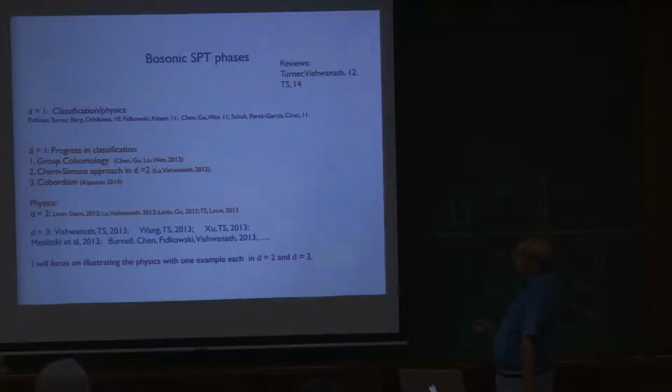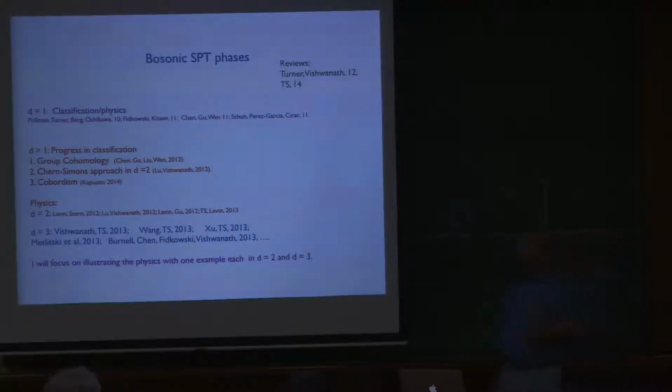This classification is based on very formal techniques. Group cohomology is a word that is thrown around quite a bit. Cobordism is another word that's thrown around quite a bit. A somewhat simpler classification by Ashvin Vishwanath was actually very useful early on, just based on abelian Chern-Simons theory.